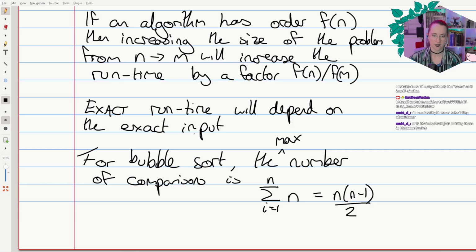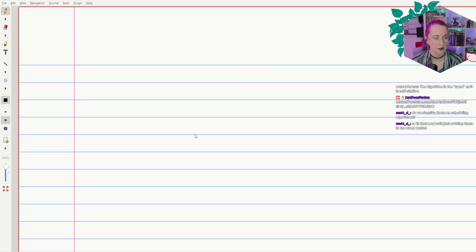So say we took a list that was 5, 4, 3, 2, 1, for example, and we needed to bubble sort this. We would have to do 5 compared to 4, 5 compared to 3, 5 compared to 2, 5 compared to 1. And then we'd have to do this again.